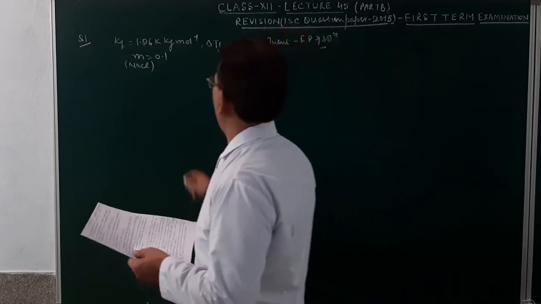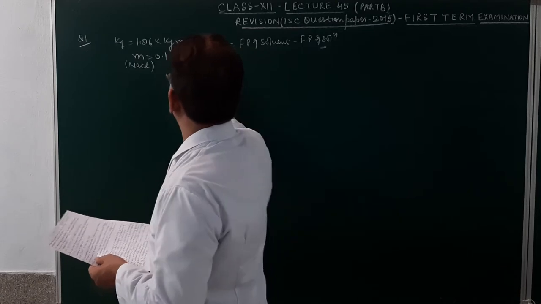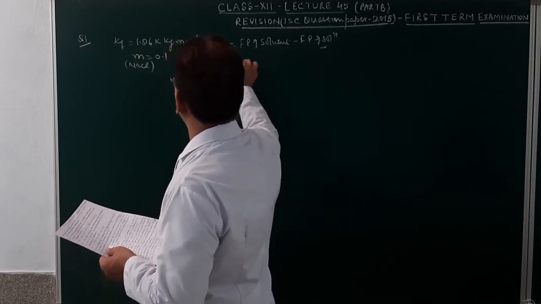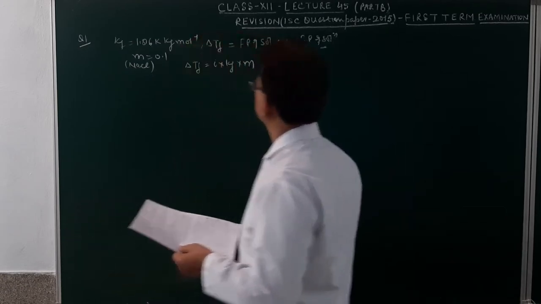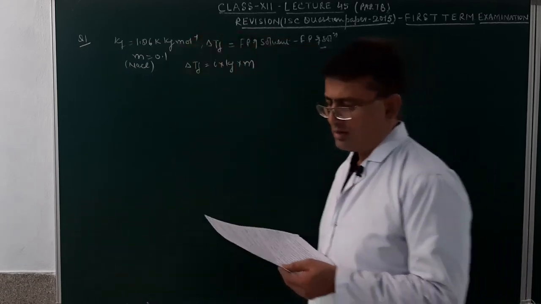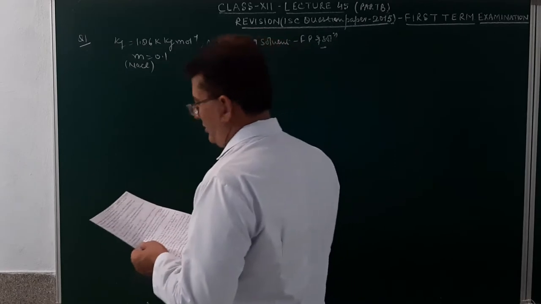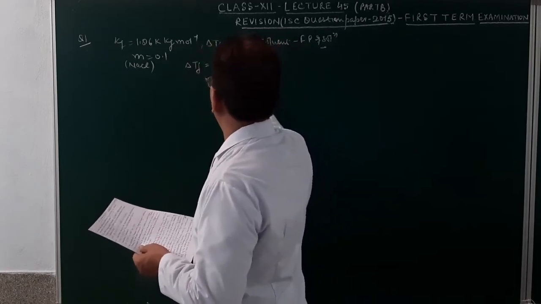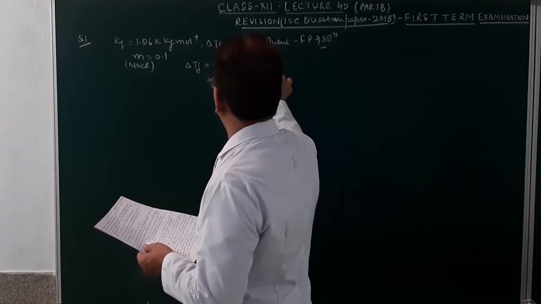Now, what is the formula? Delta Tf will be equal to i into Kf into molality of the solution. For NaCl, i will be 2, Kf will be equal to 1.86, molality will be equal to 0.1.